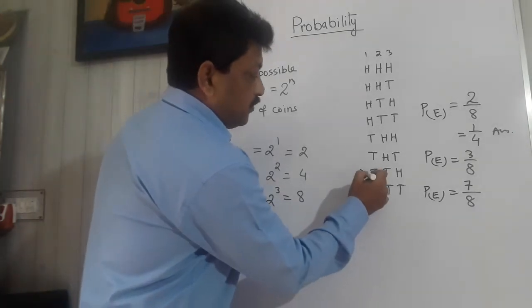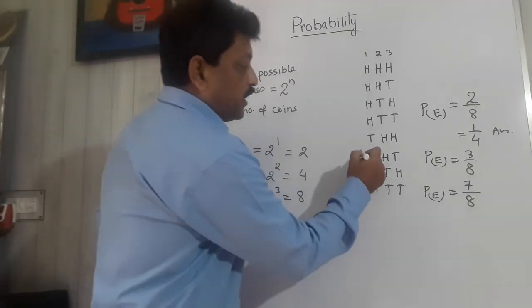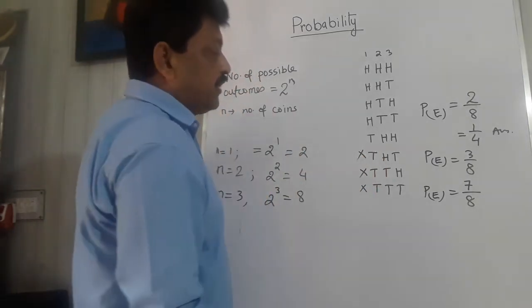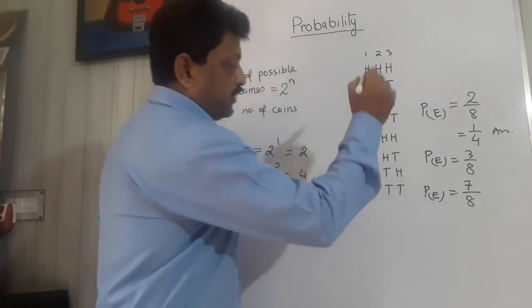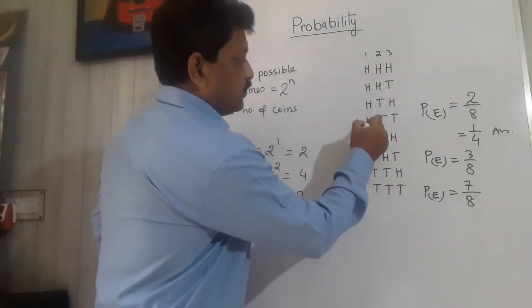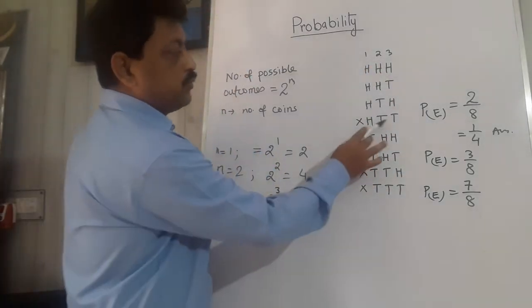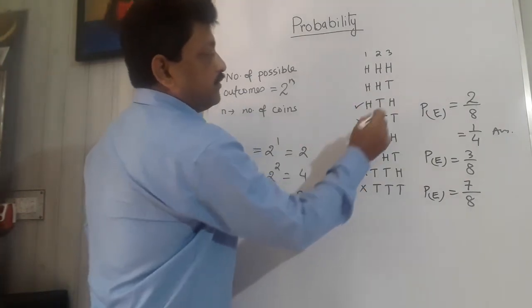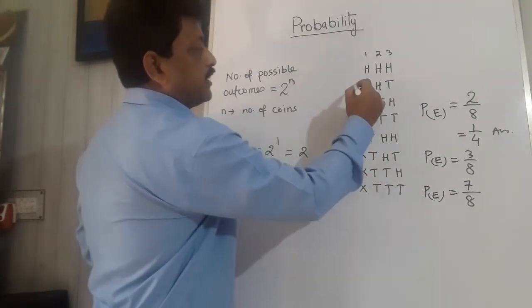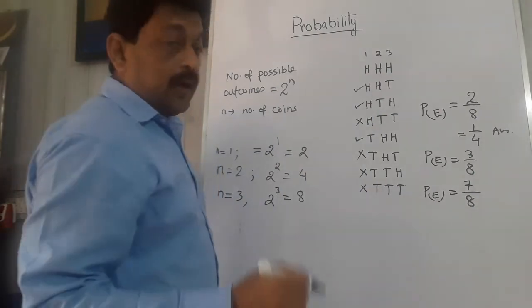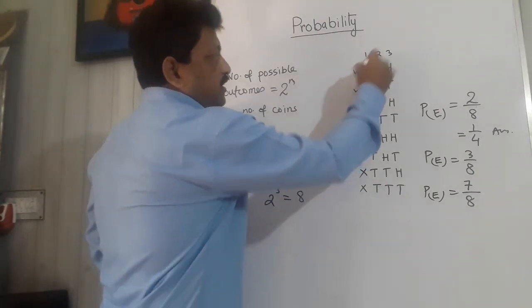There are 2 tails, we have to exclude. 2 tails we cannot take, a maximum one tail we can take. So this one we can take. This is also to be excluded because there are 2 tails. We can take this, one tail is there. We can take this one tail, and we have to take this one also.